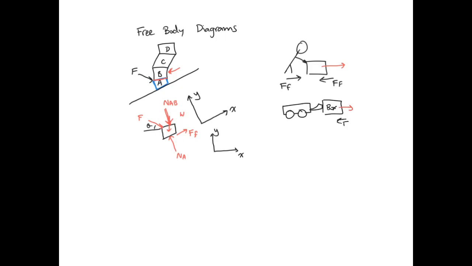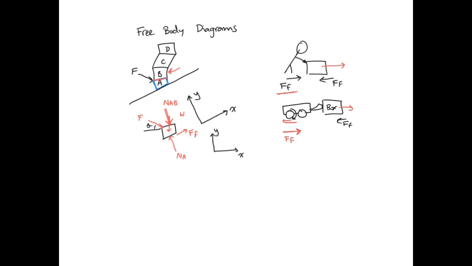Here the force of friction on the box is still going to be opposing the motion, but the wheels would be turning clockwise to push the box forward, which means that right at the surface of the ground where the wheel is in contact, the wheel is moving this way, so the force of friction on the wheel will be going to the right, same as pushing to the right for the person. So this force of friction for the person is allowing the person to stay on the ground and push against the box, right? Similarly down here with the tractor that's pushing the box.